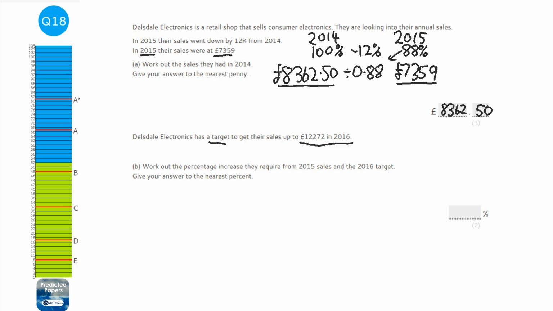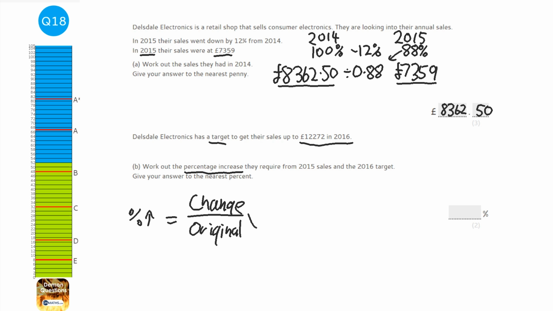Okay, the next question says that they have a target to get their sales up in 2016. What's the percentage increase? Now, percentage increase or percentage decrease, it's the same formula: change over original times 100. So the change is going to be 12,272 take away the 2015 sales, 7,359.